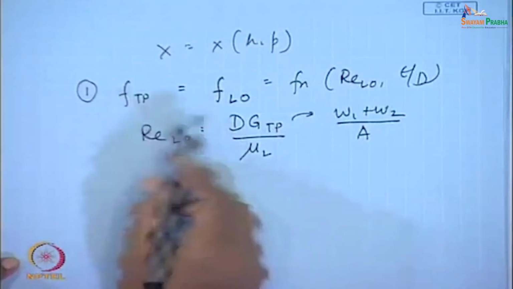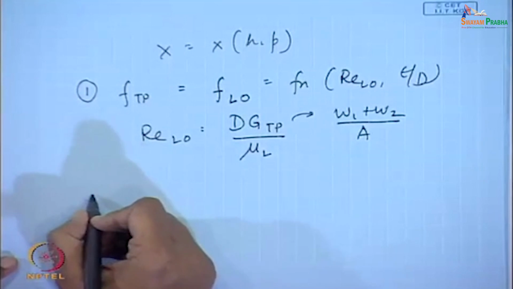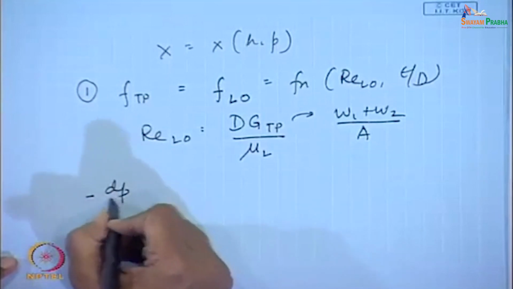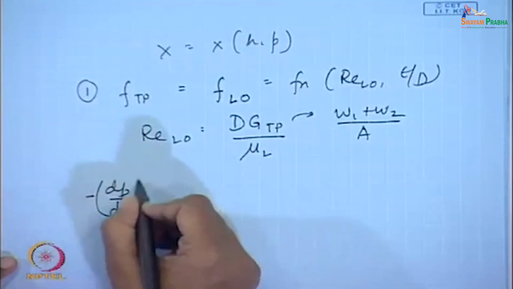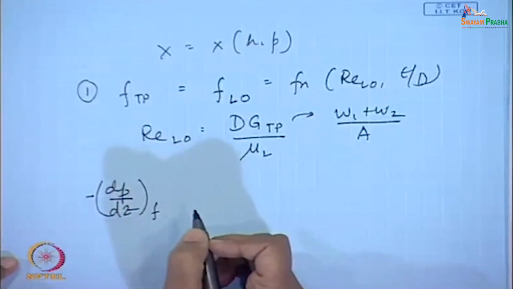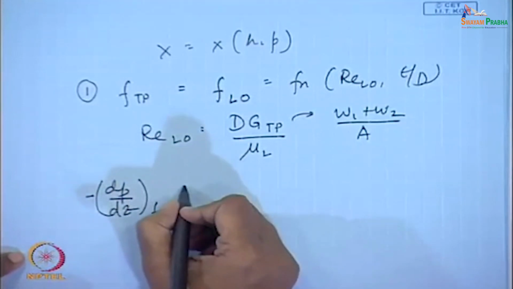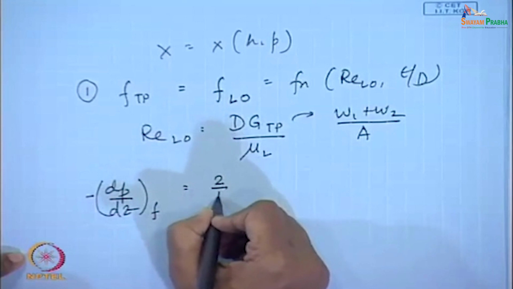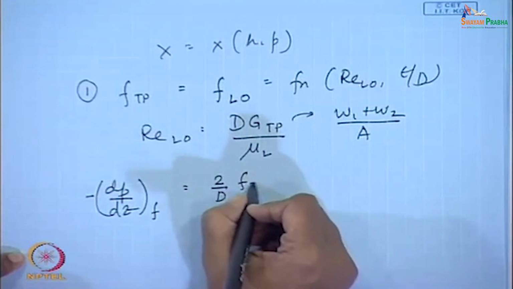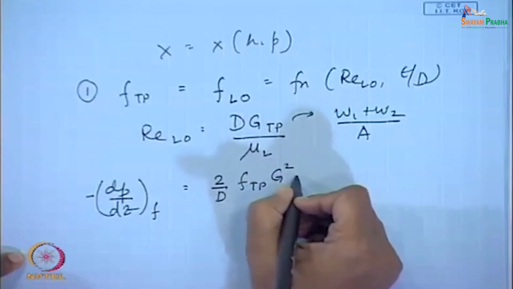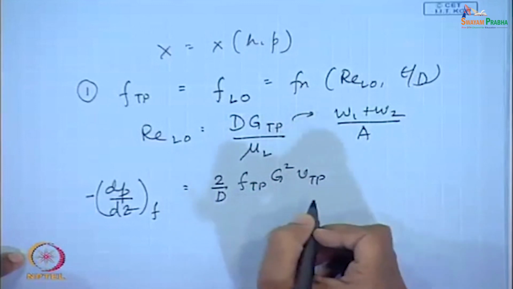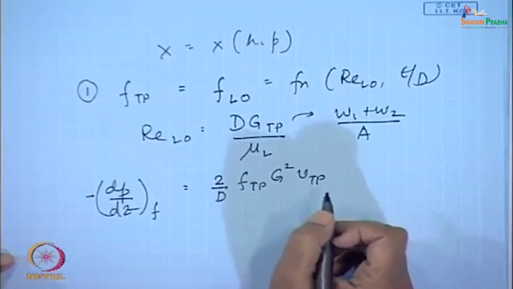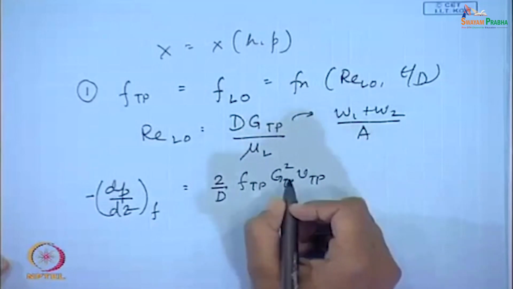So, therefore, if we substitute it, then we find that the expression of the frictional pressure gradient which was there. What was the expression of frictional pressure gradient? It was 2 by d FTP G square VTP, is it not? This was the G square Tp also.